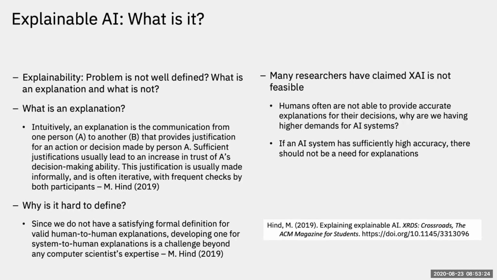Also, there is the argument that if an AI is sufficiently accurate, then there should not be any need for explanations. While these are very valid points and concerns, as we will see in the following sections, for very high-stakes decisions like healthcare, explainability is still very useful and very relevant.